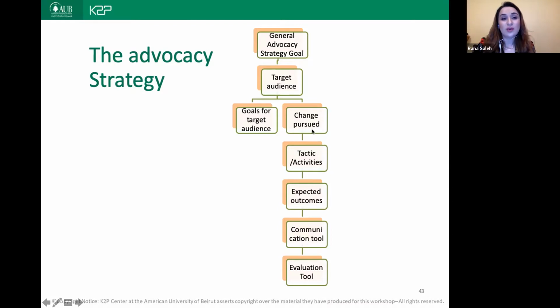And then once you do that, you have to identify what are the tactics or the activities that you should be doing in order to reach the change that you are pursuing. After, you have to identify the expected outcomes, what are the communication tools and the evaluation tools. Don't worry, we'll go through this in a bit of detail in a few.